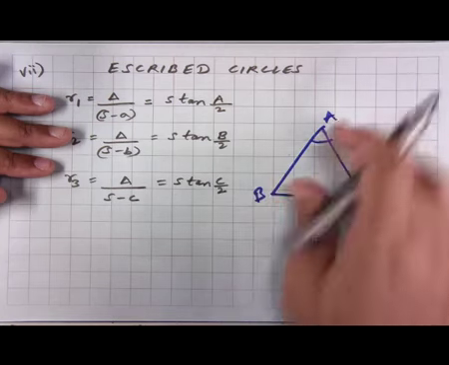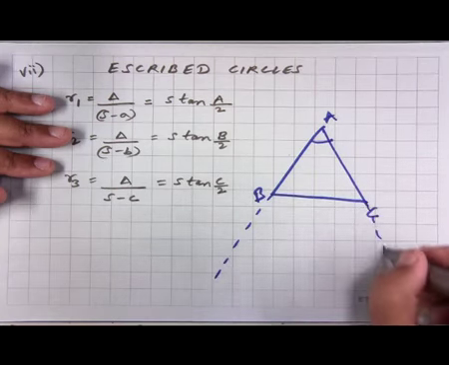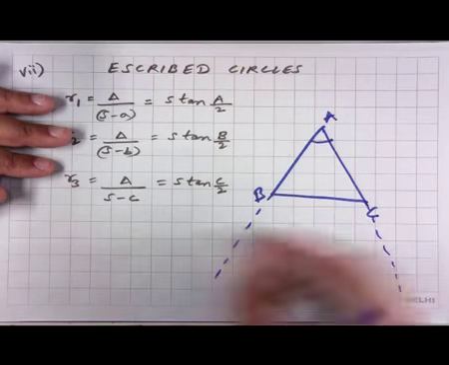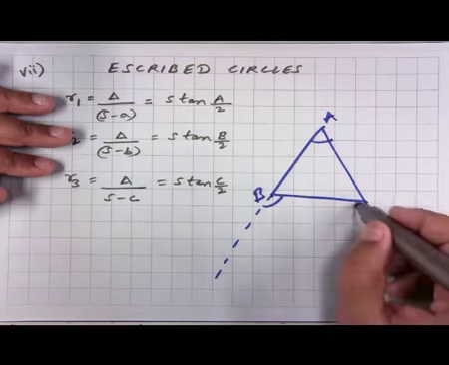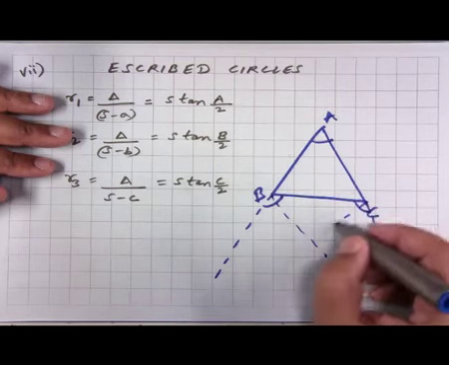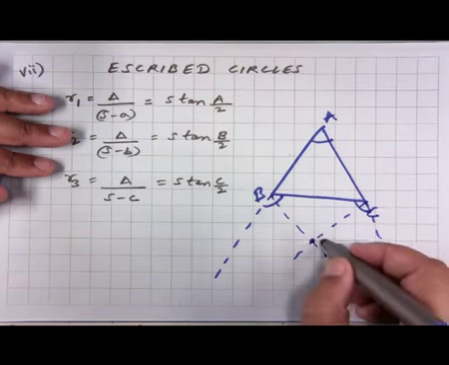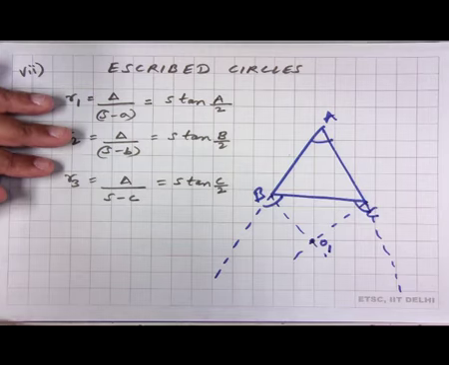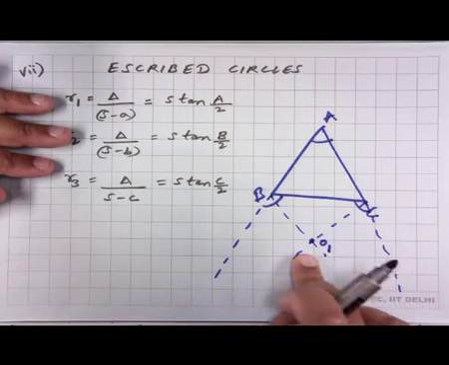We take the side AB and produce it. Similarly, we produce the side AC, and then we take the angle bisectors of the exterior angle B and the exterior angle C. Let us say that they meet at this point O1.